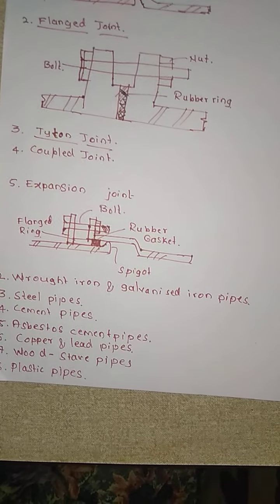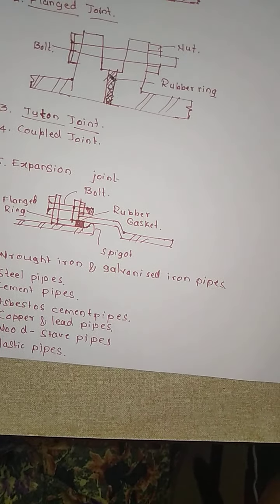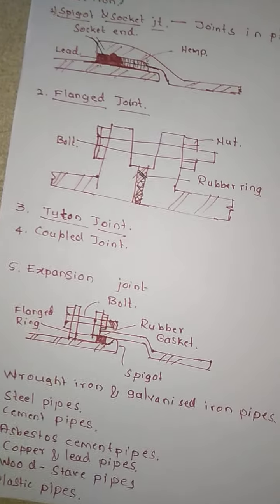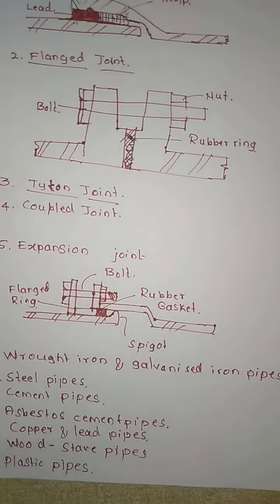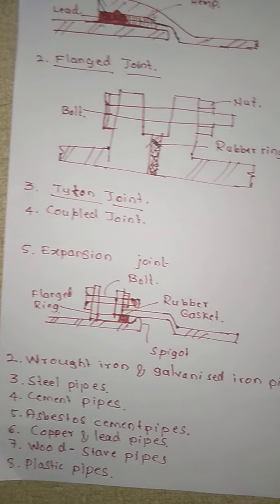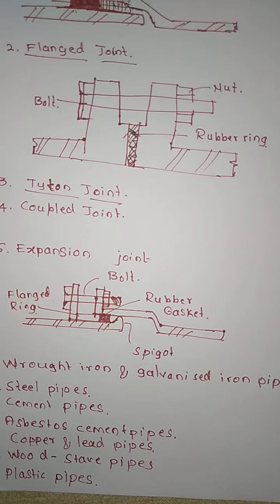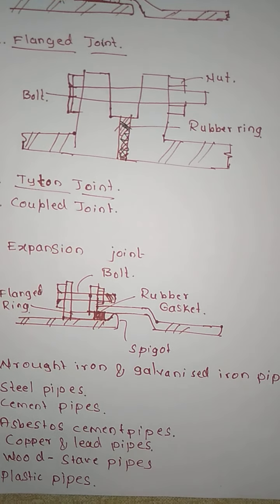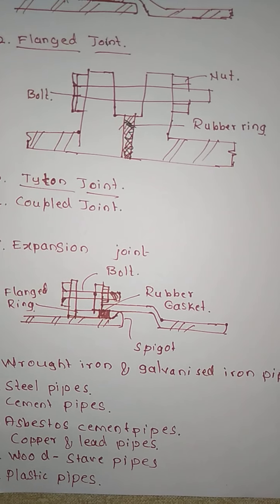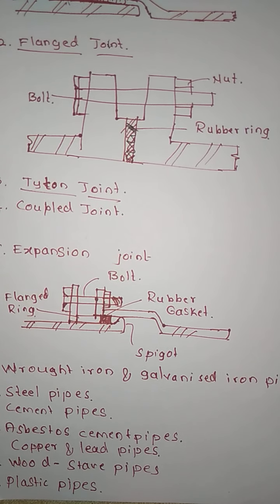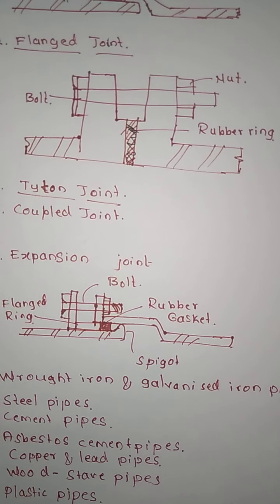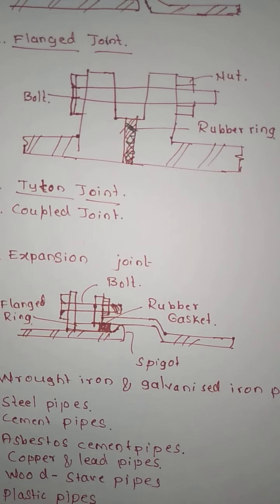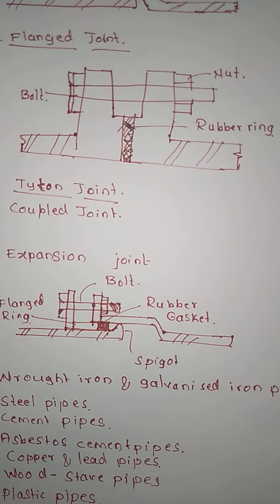The longitudinal reinforcement should be equal to at least 0.25% of the cross sectional area of the concrete. The circumferential reinforcement is designed to resist the hoop tension that is going to come on the pipe. Now this is regarding concrete pipes.